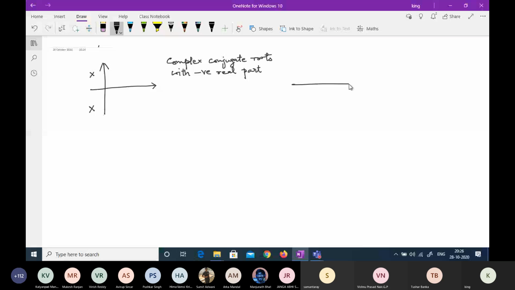In such a case, you are going to have a response like this, which is going to decay with time. So this again is a good type of response.